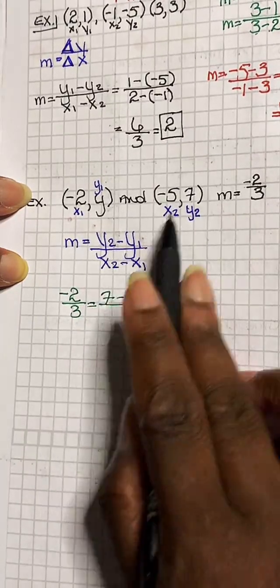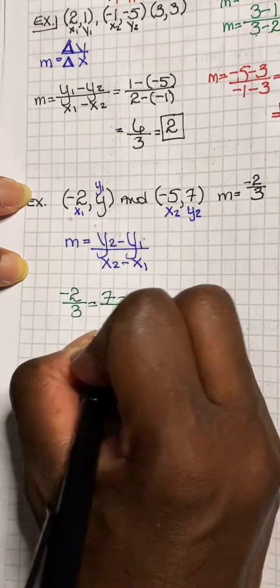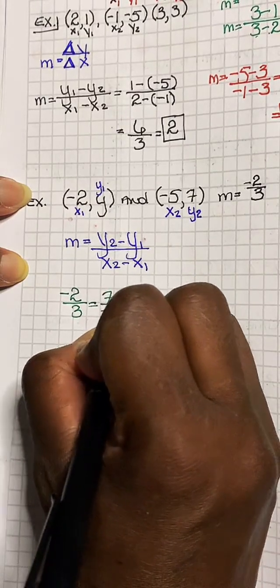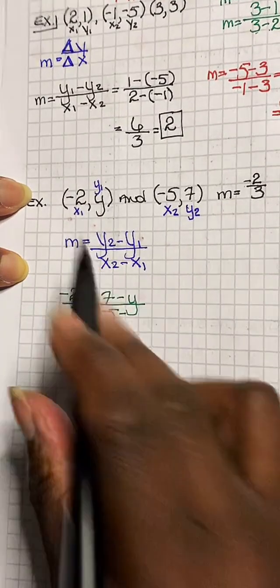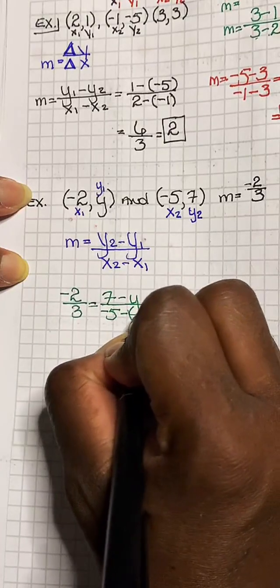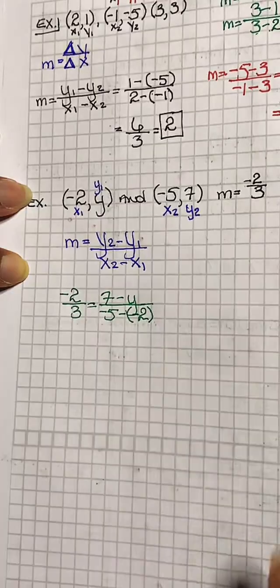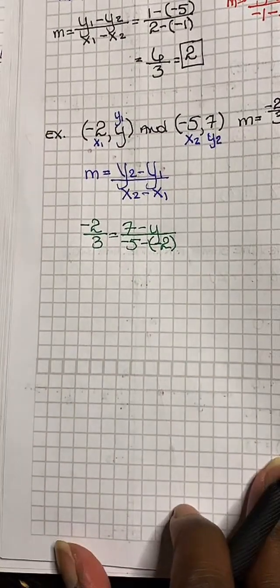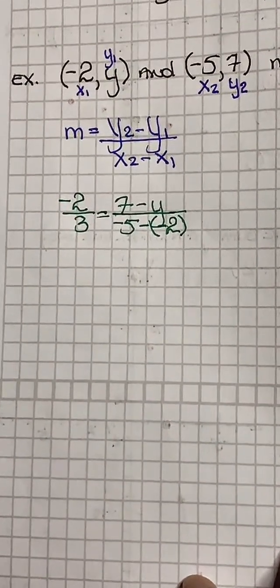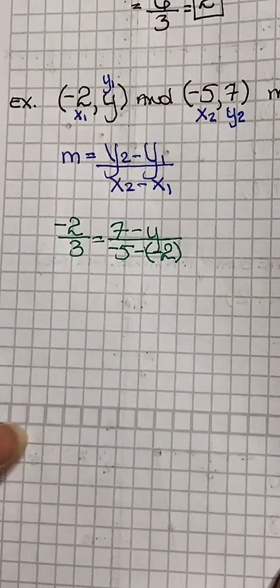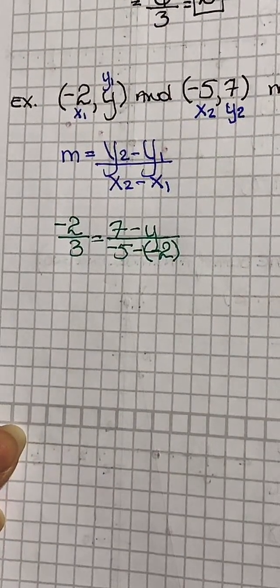My x sub 2 is my negative 5, minus my x sub 1, which is a negative 2.